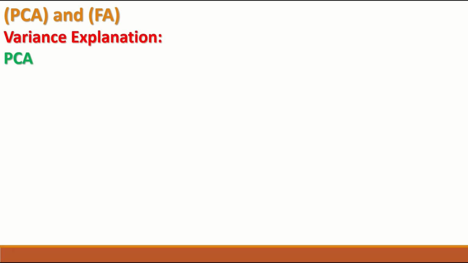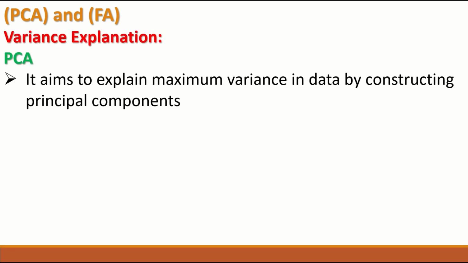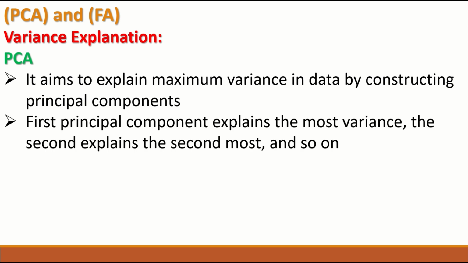In terms of variance explanation, PCA aims to explain maximum variance in the data by producing principal components. The first principal component explains the most variance. The second one explains the second most, and so on.